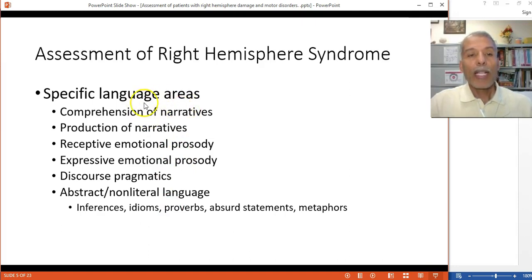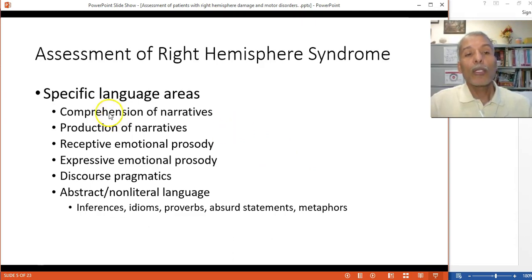So the specific language areas that are impacted and that you will look for, you want to evaluate to see if these areas are impacted and which ones are more impacted than others. So these basically are the focus of the evaluation that you as an SLP are going to conduct.